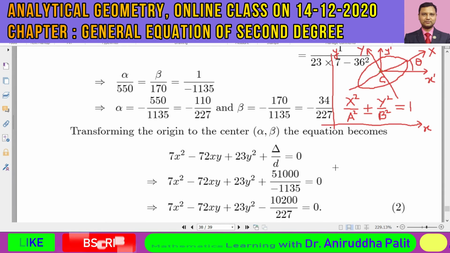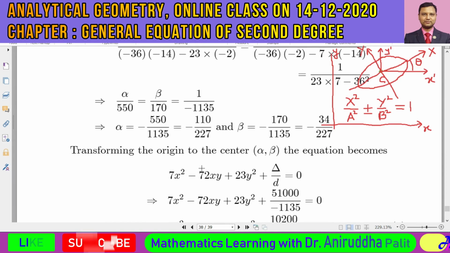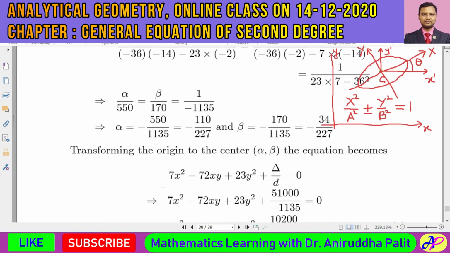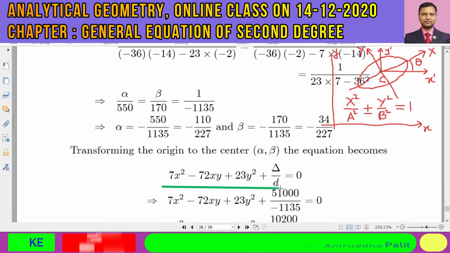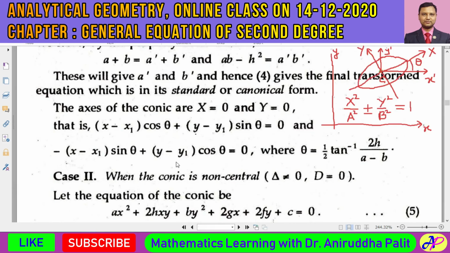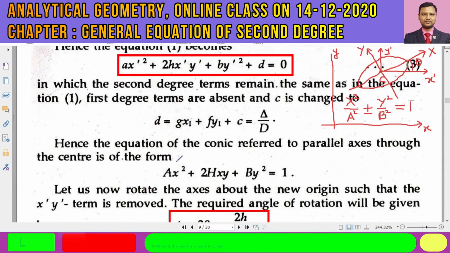Now we can directly say that transforming the origin to the center C or the point alpha comma beta, the given equation can be written in this way. So you don't need to show the intermediate manipulations that I demonstrated in this theoretical part.